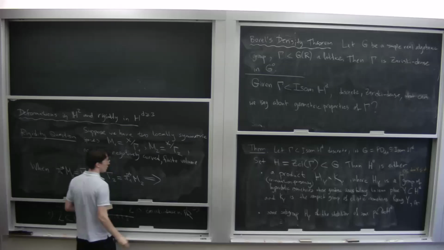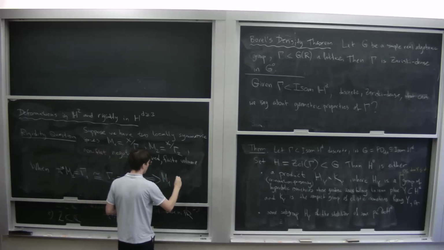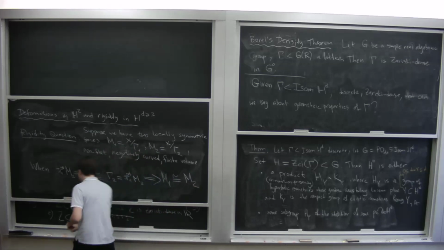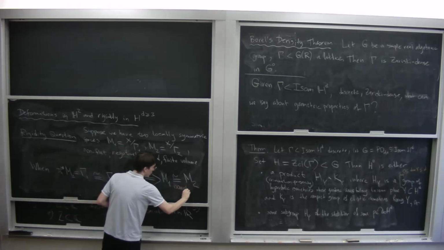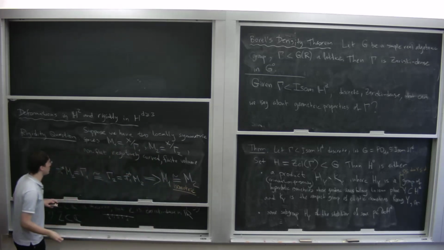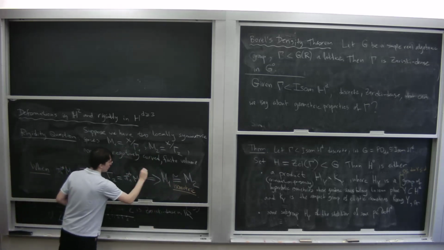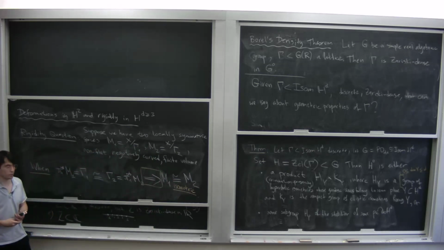implies that M1 is isometric to M2. And here I should write isometric. So this is the question: when is this implication true?